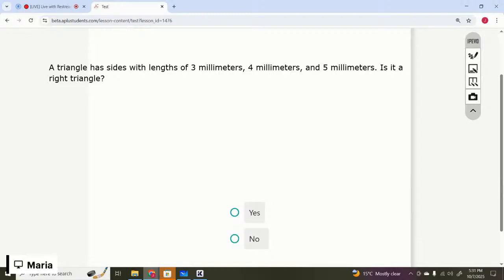So which is the correct option? Yes, it is a right triangle. Option number one is the correct option.